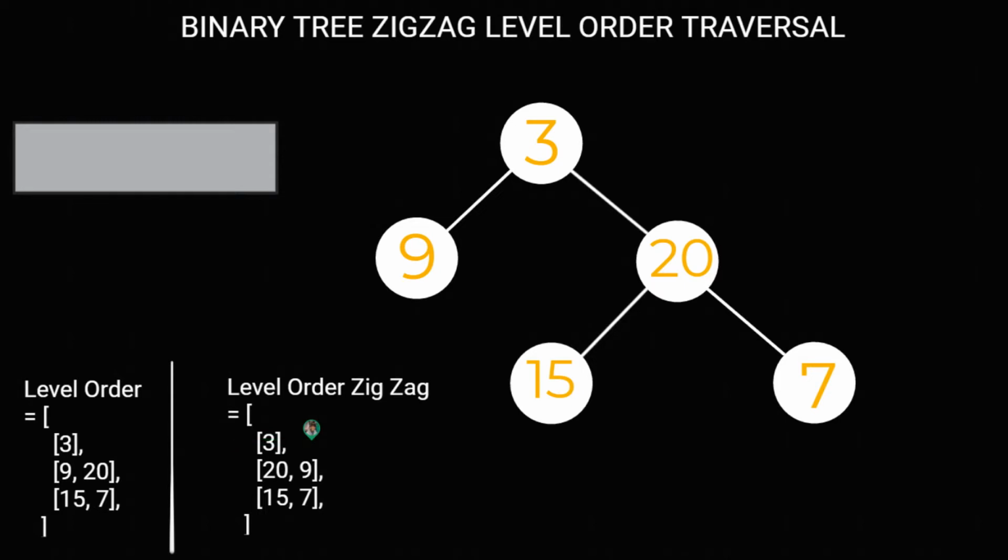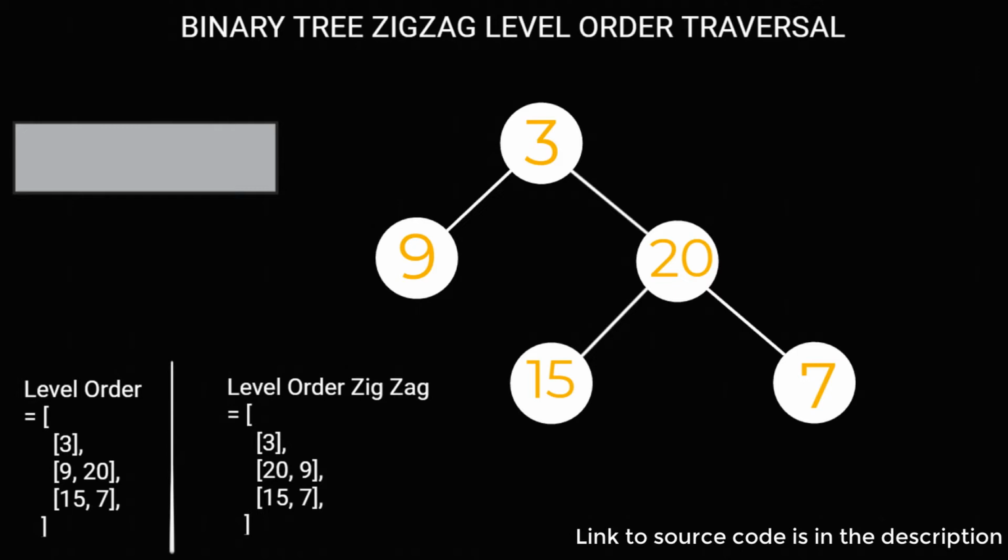Then we get to the second level, we know that the order is from right to left, so we add that order from right to left. We just reverse the order of the collection, and then this becomes 20 and 9, and then we get to the third level. We know that the order is from left to right. So we keep alternating the order of the levels as we go through the array list, and that's it. That's how you solve this question.